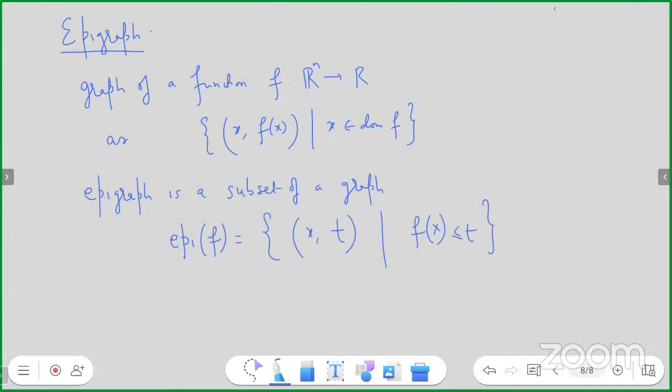Again, a picture. So this is my f, this is my domain. What is epi of f? Now it doesn't depend on any alpha. It's defined just with respect to f.